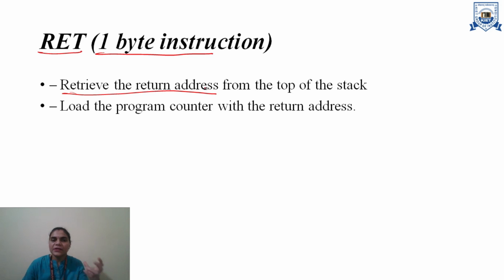It will be retrieved from the stack and loaded to the program counter to resume the execution where it left off when the subroutine was called. The return instruction initiates the retrieval of the return address from the stack and loads it into the program counter.